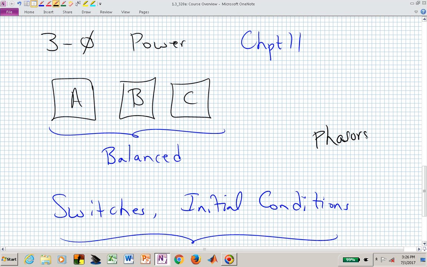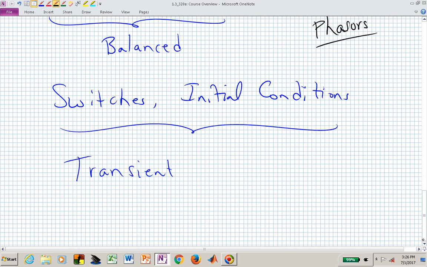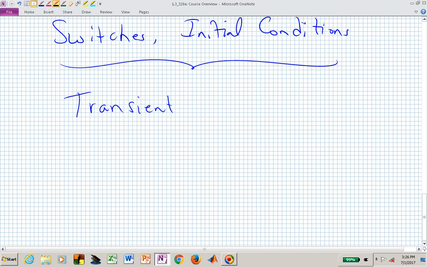where we're dealing with complex numbers in the form of phasors, which have a magnitude and an angle.